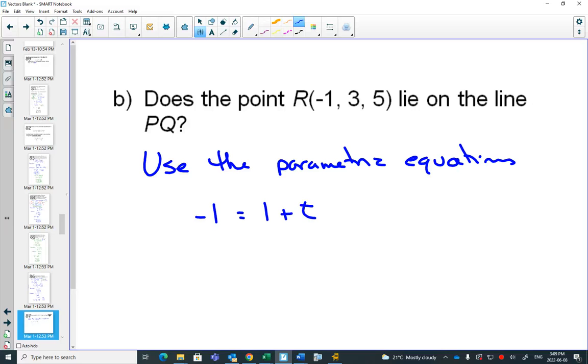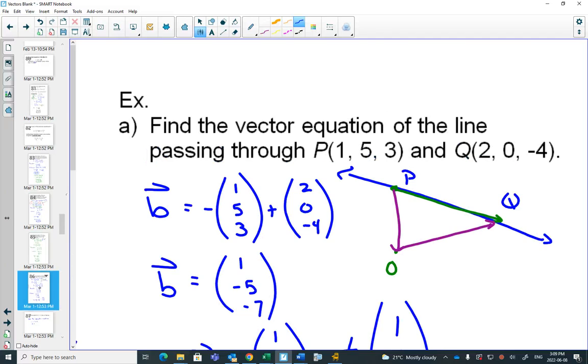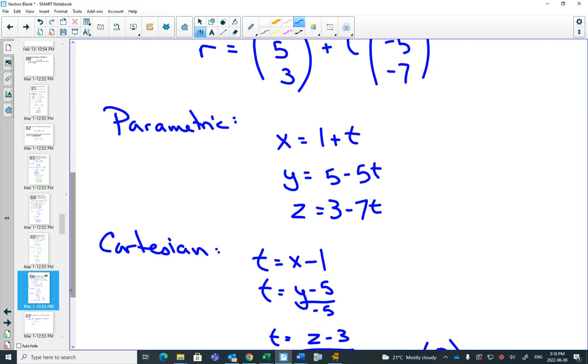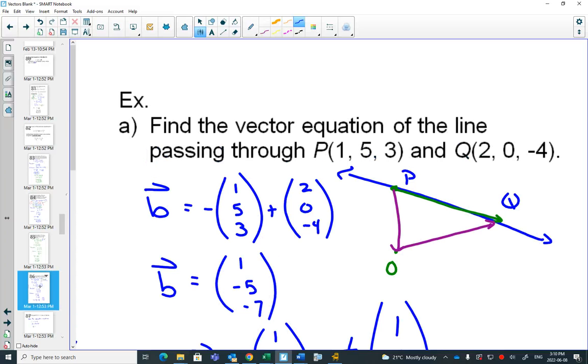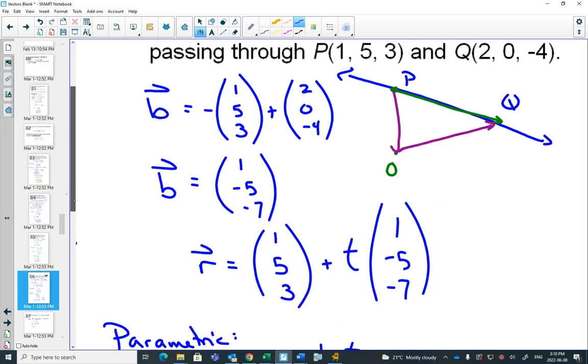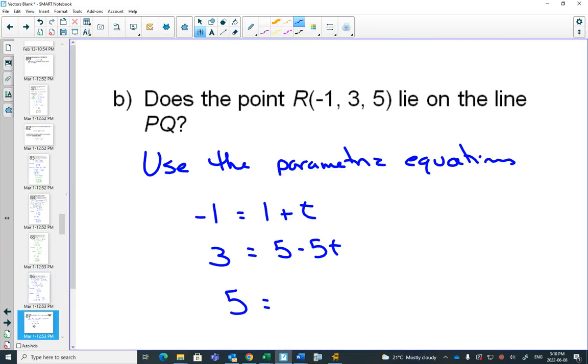Your parametric equation for y, and now we'd plug in 3 for y, was 5 minus 5t. And our parametric equation for z was 3 minus 7t.